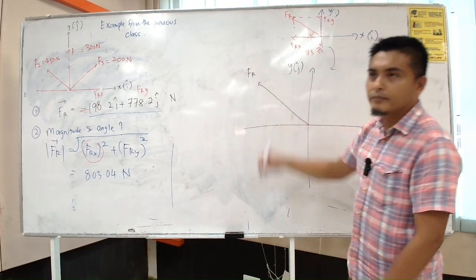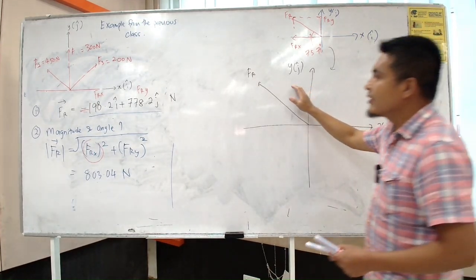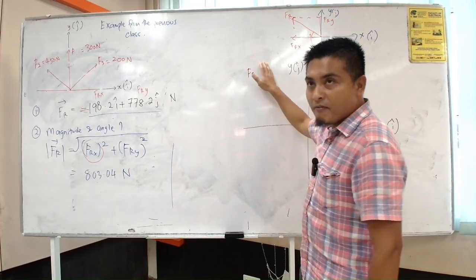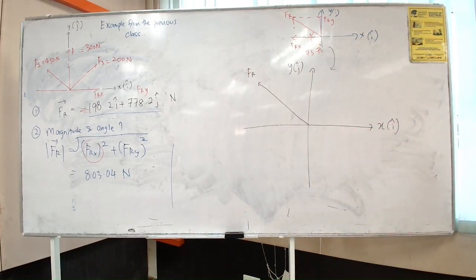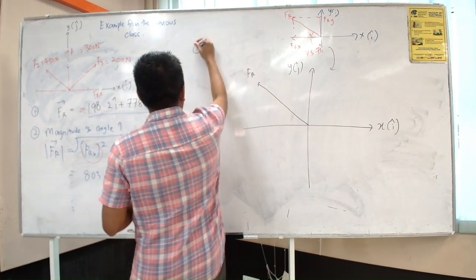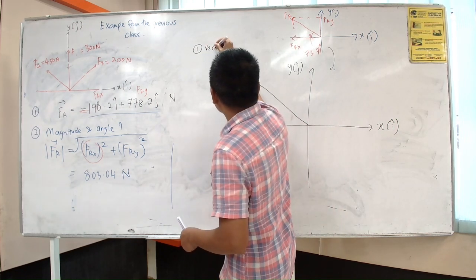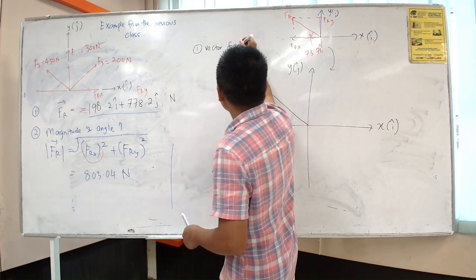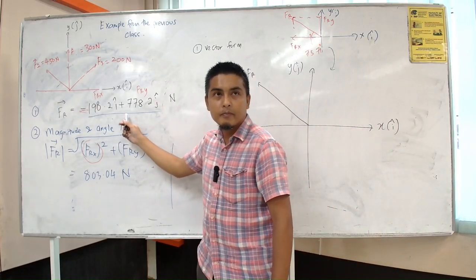Okay. So actually, the resultant force in this example, you can write in two different ways. The first type, you can write in vector form.